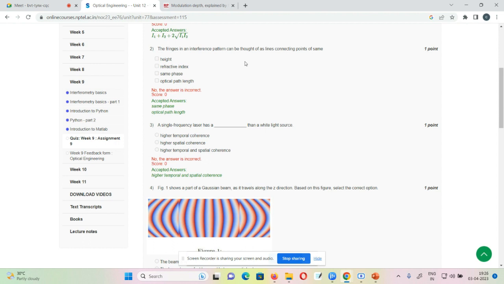Interference fringes are actually a same optical path length region.